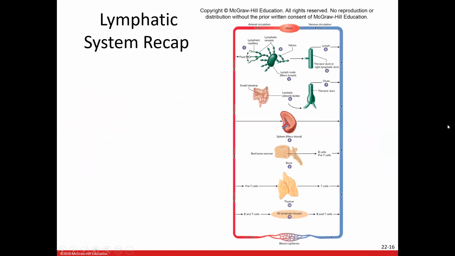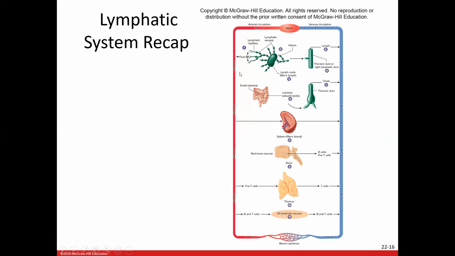Okay, so that was a lot of different odds and ends and structures. So I'm going to do a little recap to go over everything once again. All right, so we know from the last unit your heart pumps blood to the arteries and the capillaries and then back to the veins, which will cycle back to the heart.